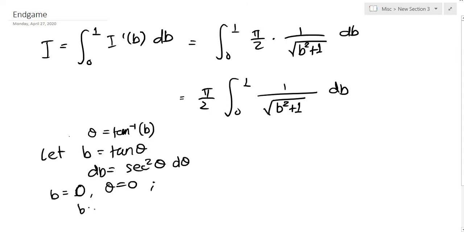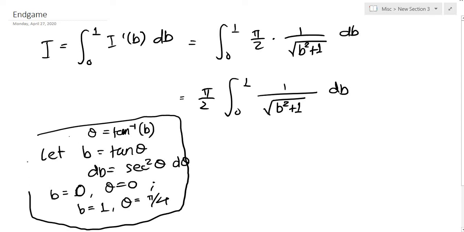And when b is 1, theta is tan inverse of 1, which is pi by 4 exactly. So we have exactly what we need for our substitution.